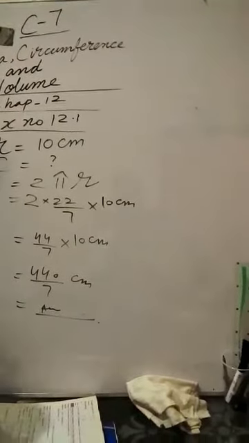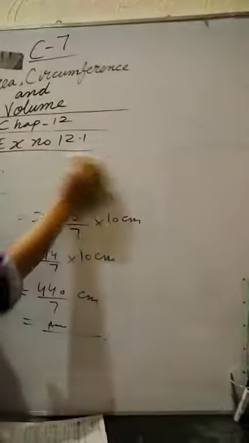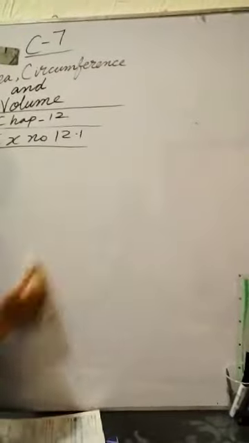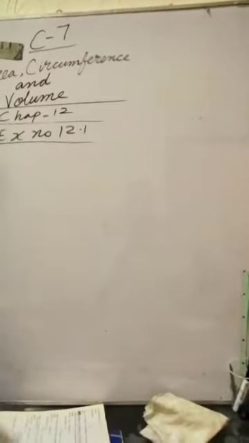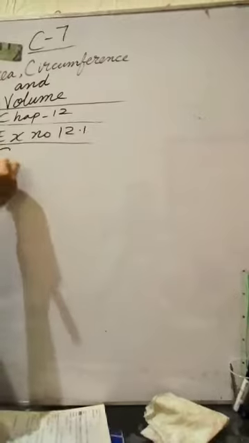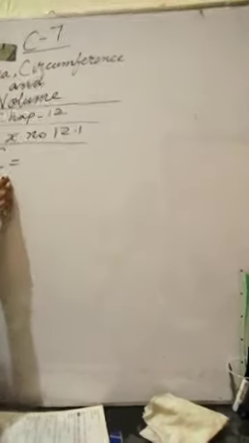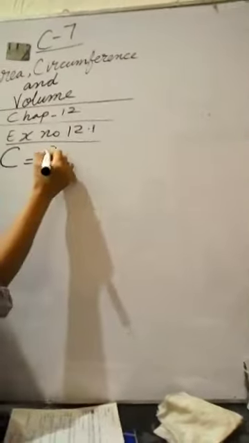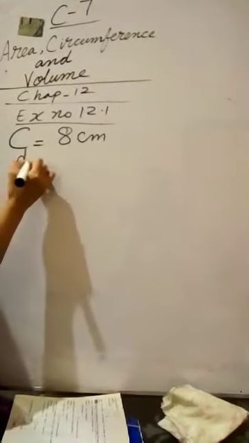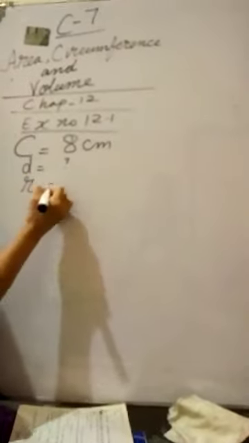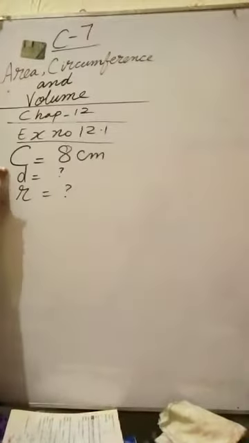Now I am solving another question. The question is about the circumference of the circle. This time we have the circumference. Circumference is 8 centimeter, and you need to find the diameter and the radius. We need to find both of these.